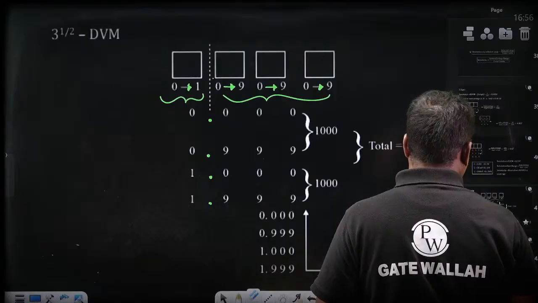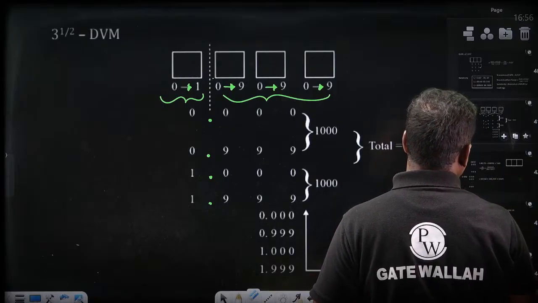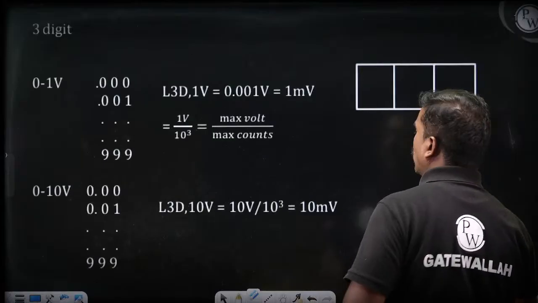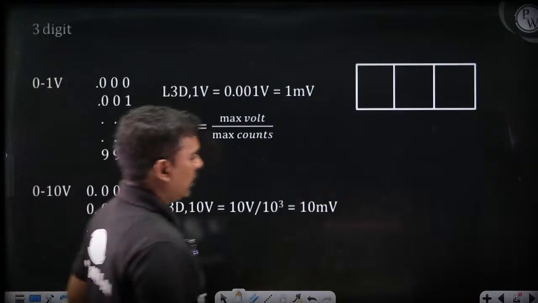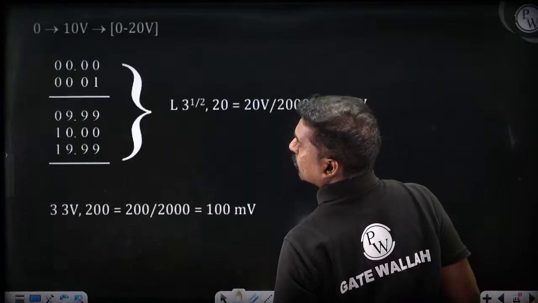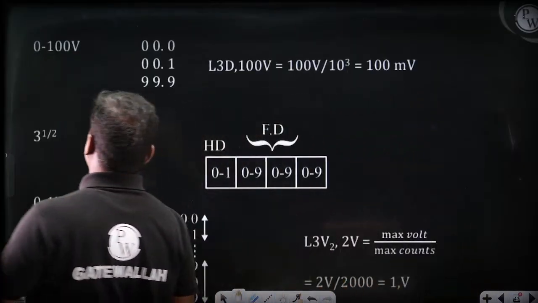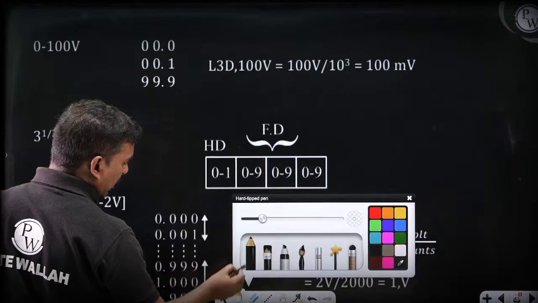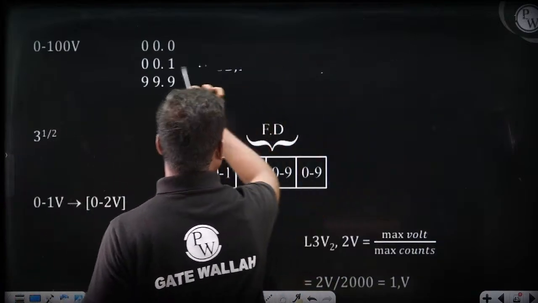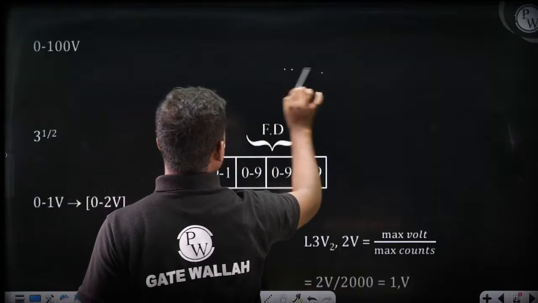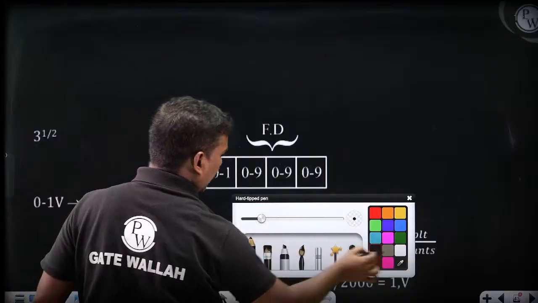Next, if you take the range, see how the range changes for a 3.5 digit display.